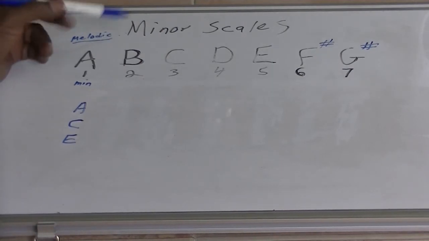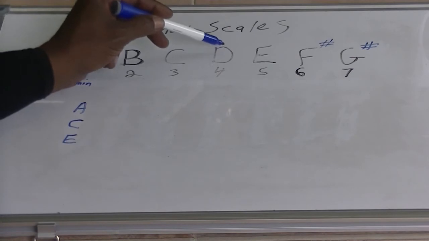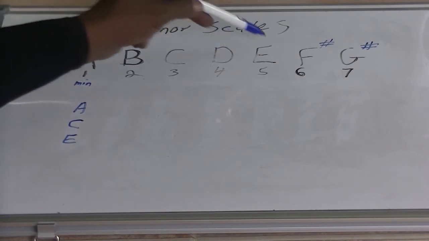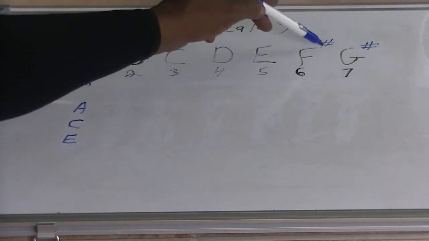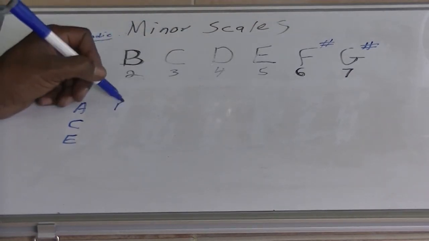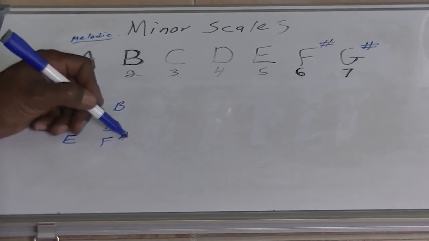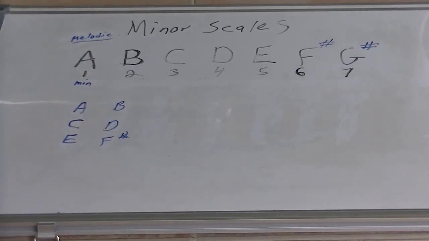So now let's take a look at our 2 chord, our B chord. If we start with our B, we'll get the B, skip the C, that gives us the D. We skip over the E, now we have F sharp here. So our notes become B, D, F sharp. And now we have a B minor chord.